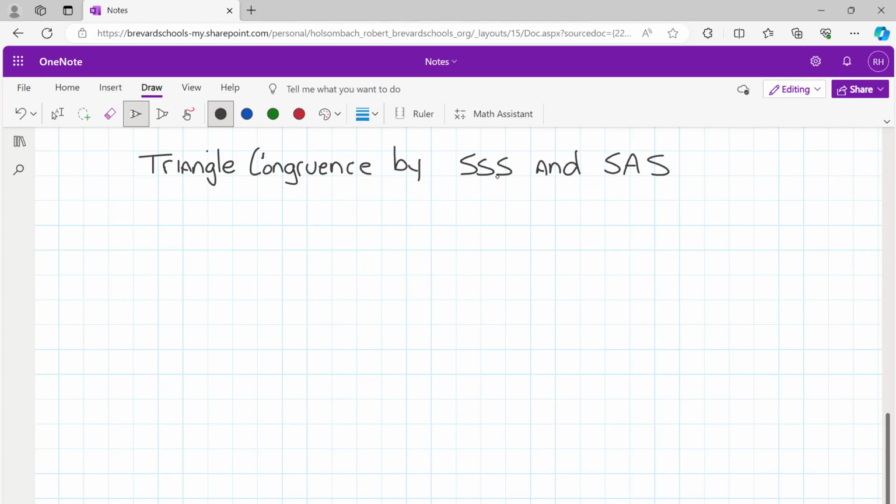Triangle congruence by side, side, side, and side, angle, side.